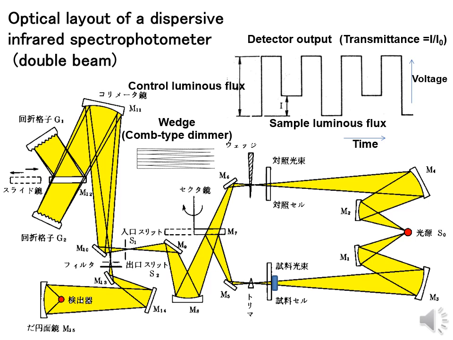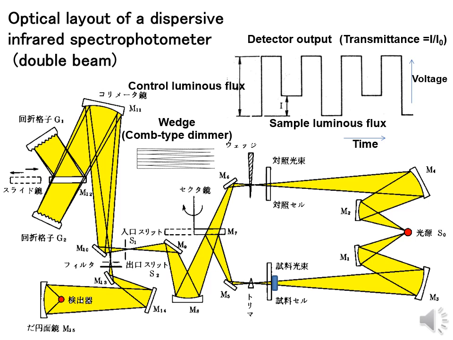Light passes through to the detector when the part without the mirror enters the optical path of the reference light. The light is reflected by mirrors M8 and M9, passes through the entrance slit, is collimated by collimator mirror M11, and is then dispersed by the diffraction grating. The light reflected by the diffraction grating is focused again by the collimator mirror M11 and passes through the exit slit.